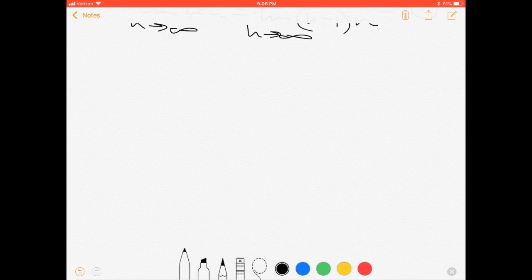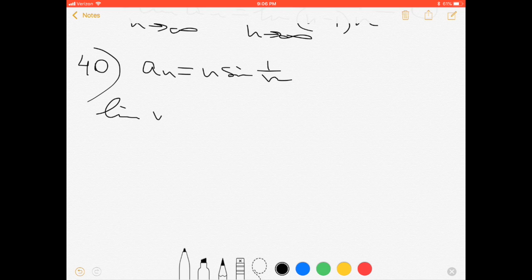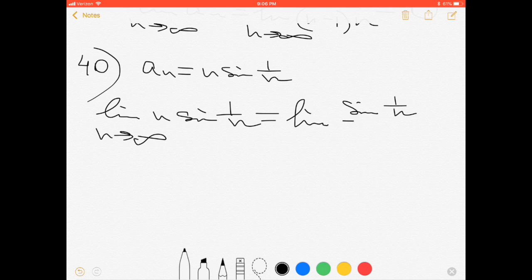Again, one more interesting example, example number 40. Okay. Here our sequence is a_n equal to sine of 1 over n. Limit, 1 over n as n approaches infinity. Here I will write the limit of sine of 1 over n, 1 over n, n approaching infinity.